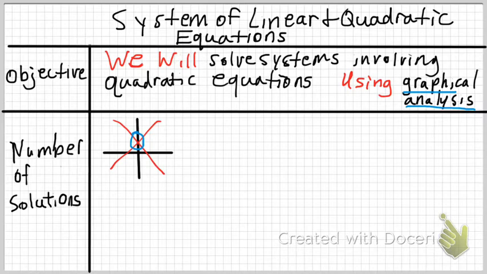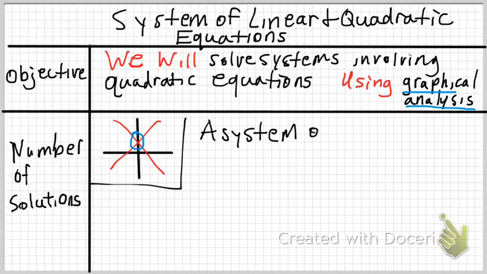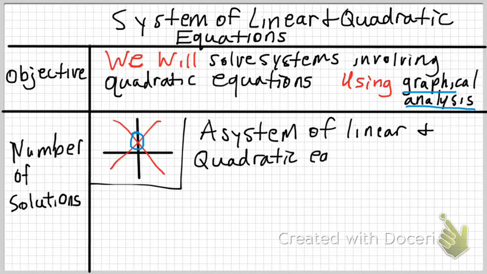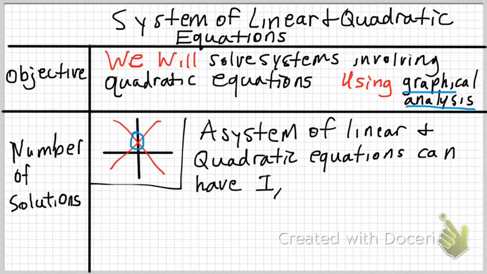For systems of quadratics, a system of linear and quadratic equations can have one solution, two solutions, or no solutions.